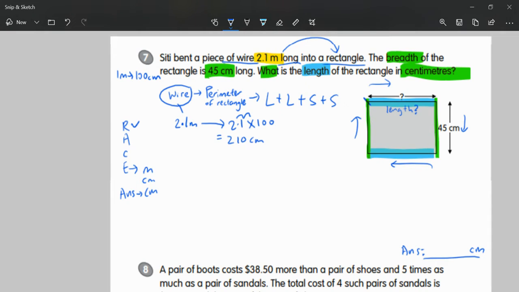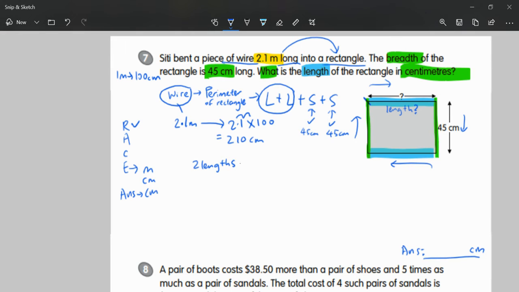Okay, I want to find the long side, just one of the long sides. The short side is given, that's 45 centimeters, 45 centimeters. So I'm left with two long sides. Two lengths is equal to the perimeter, 210 centimeters, minus two of the short sides.